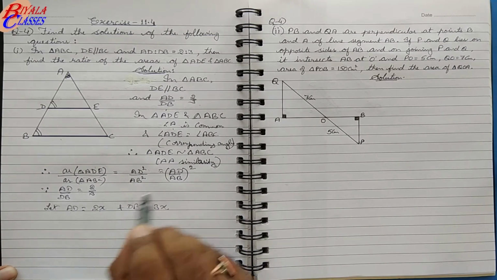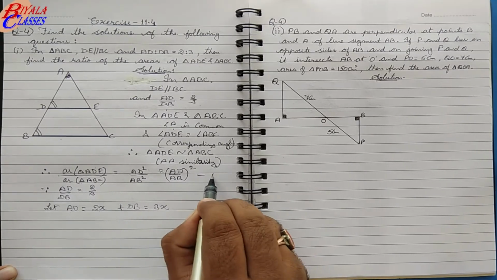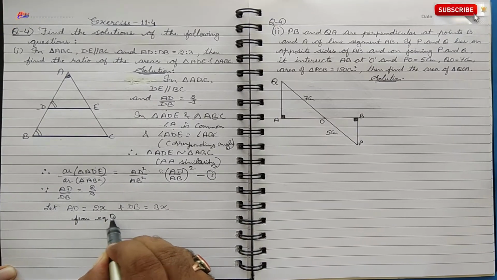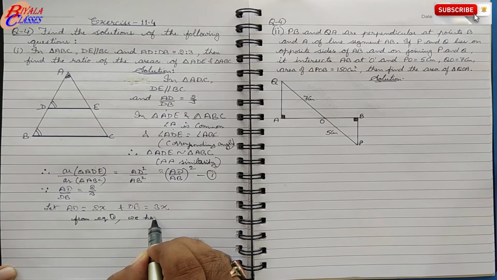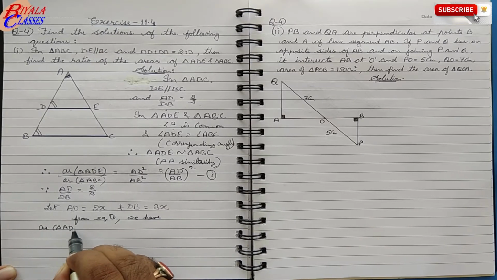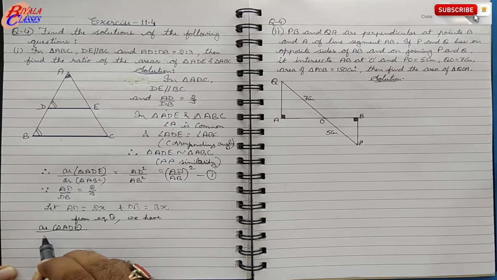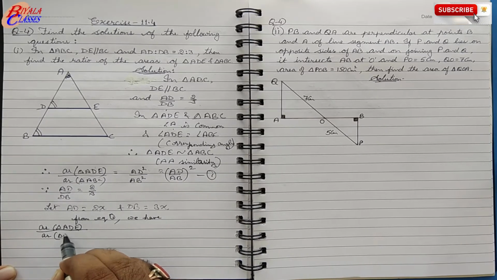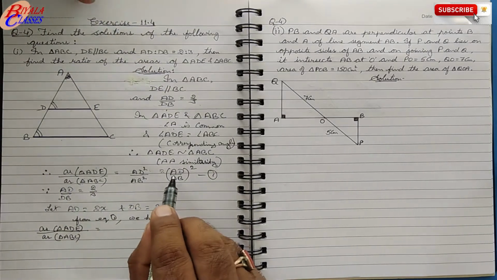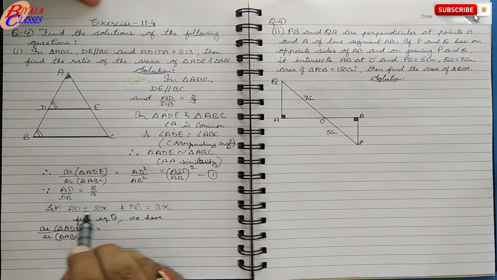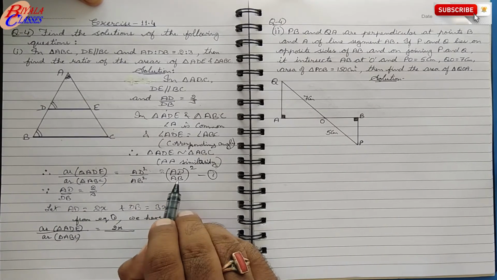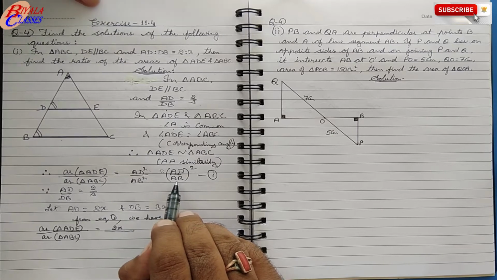If we do this from equation 1, what we have, the area of triangle ADE upon the area of triangle ABC equals to, now it is AD, which can be written as 2x, whereas in the denominator we have AB.